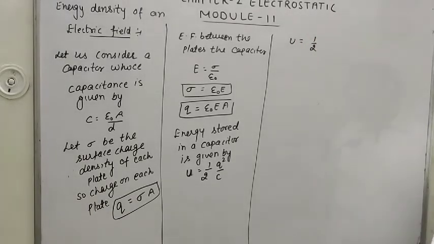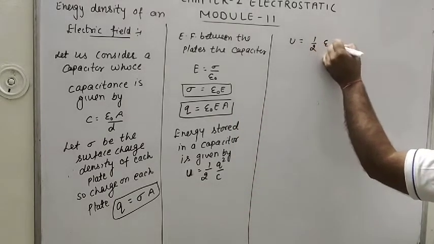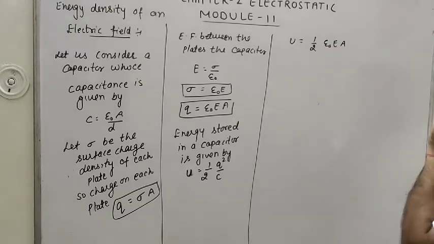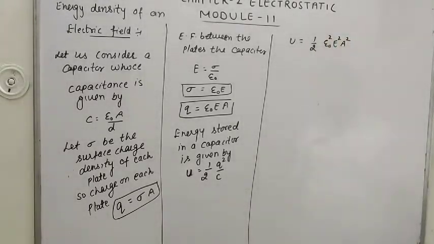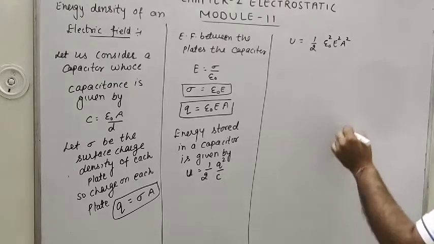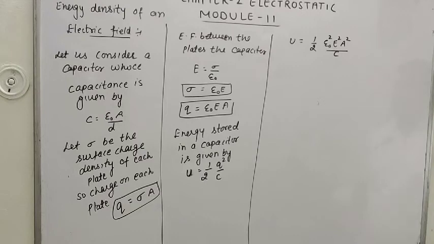What is the formula of Q? The formula of Q is epsilon naught E into A, whole square, upon C. Now what will be the formula of C?